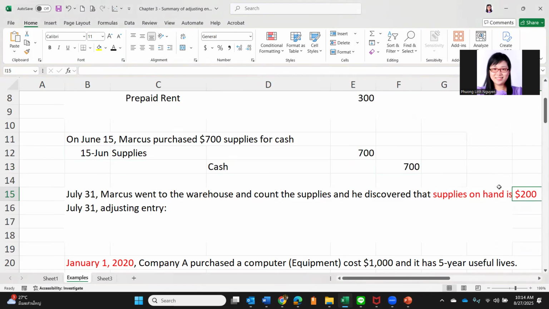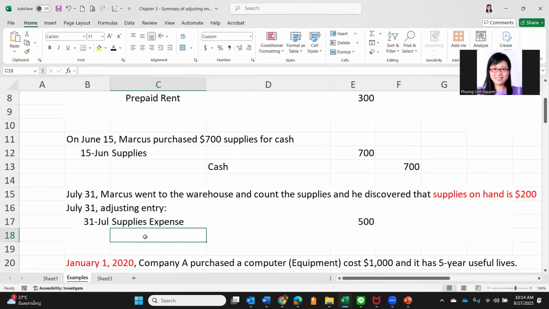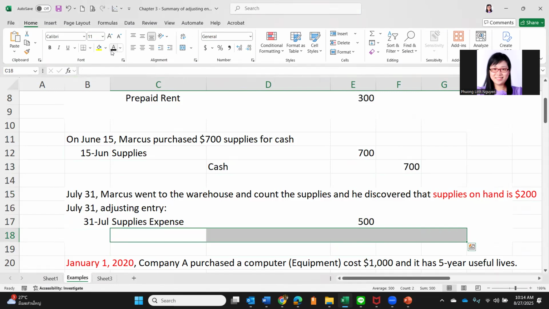The company already used supplies for 500, right? So the adjusting entry for July 31 will be debit supply expense for 500 and credit supplies for 500.